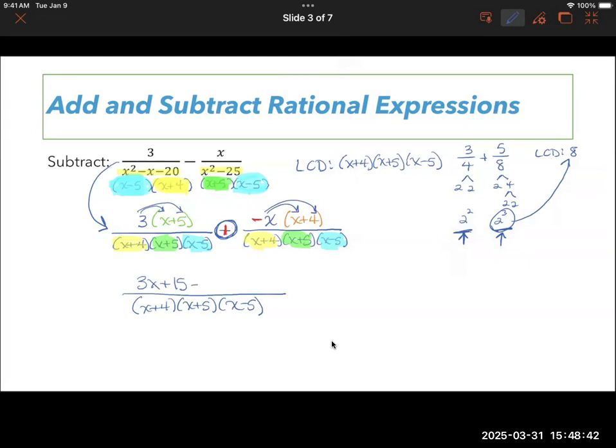So we'll get a negative x squared minus a 4x. And then we'll simplify our numerator. So we have a negative x squared. We have a 3x and a negative 4x, which will give us negative x. And then we have the 15 all over x plus 4, x plus 5, and x minus 5.